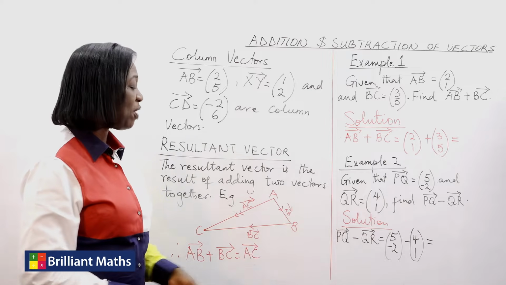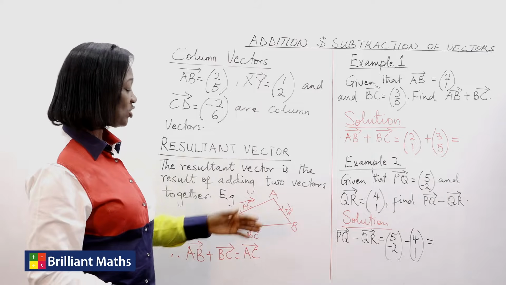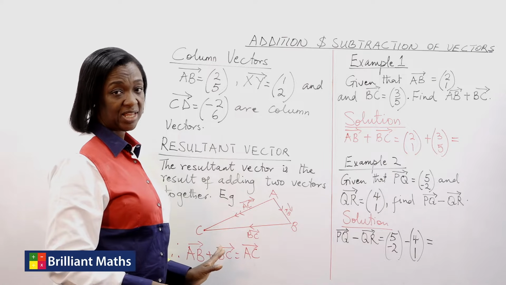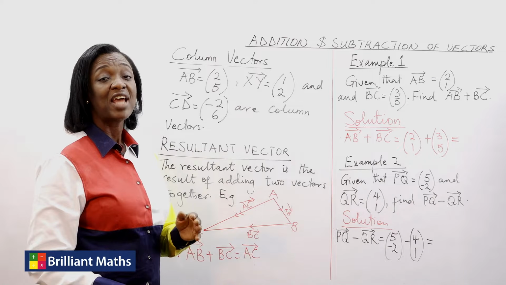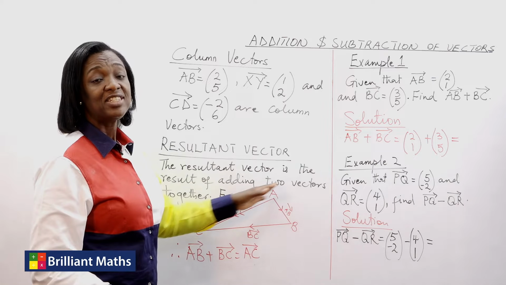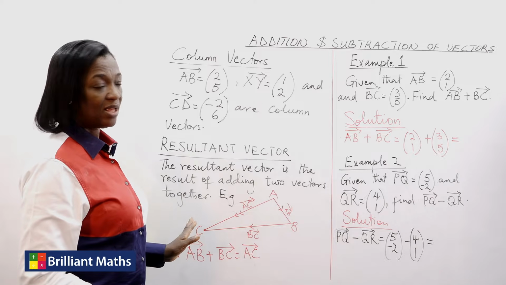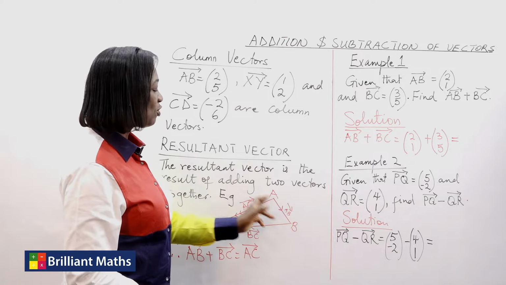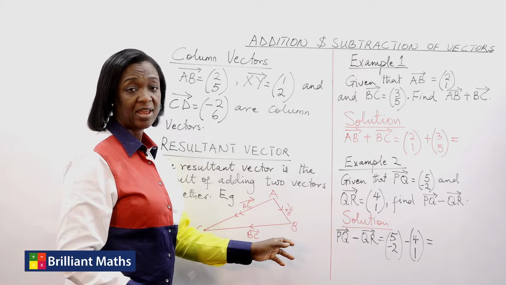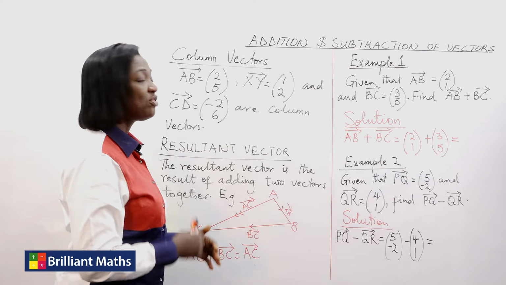Then he moves from point B to point C. So that other movement describes the vector BC. Then next time he decides to move from point A straight to C. AC is a resultant vector. Instead of coming through B, it goes directly from A to C. So AC is a resultant vector.